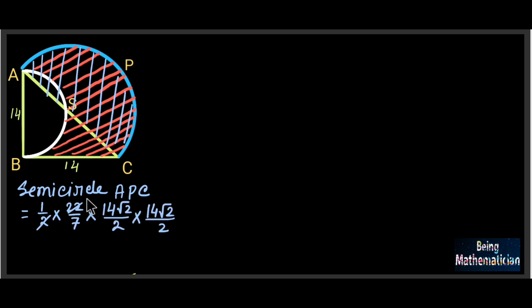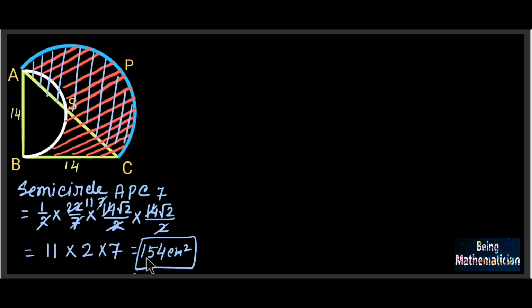Now 2 11s are 22, and now 2 7s and 7 cancel out, and 2 7s are 14. So now it will be 11 into 2 into 7. Now it is 154 centimeter square. Now we have to remember this result.